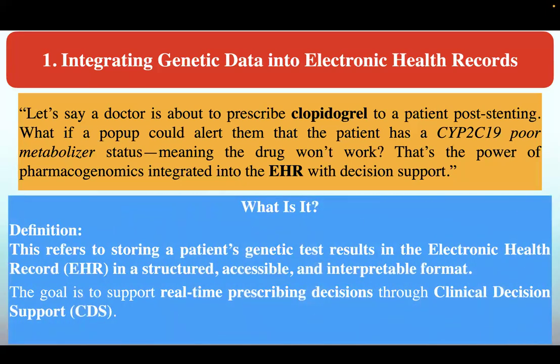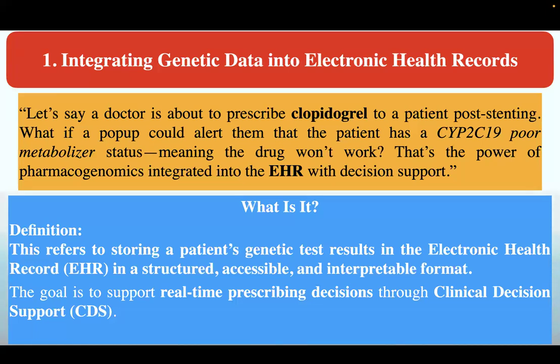So basically, the definition here is storing patients' genetic test results in electronic health records. As its name suggests, I hope you know the meaning of electronic health record. The definition of EHR is exactly in the title: health records which are saved electronically, in a very structured, accessible, and interpretable format.